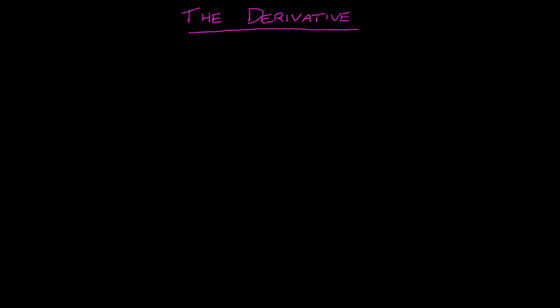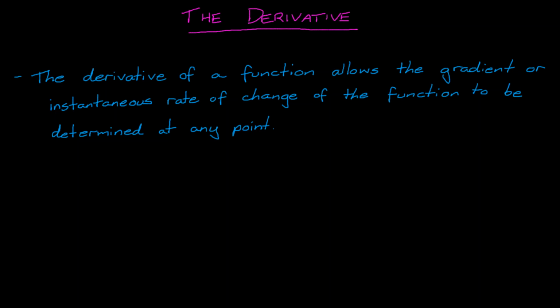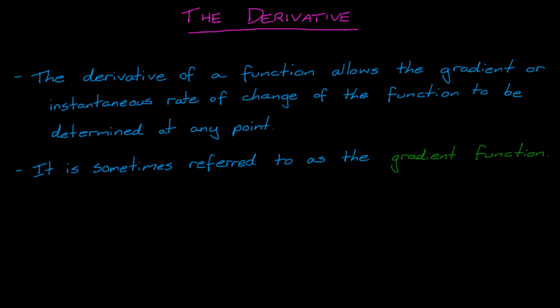Hi guys, so in today's video we're going to start talking about the derivative. The derivative of a function allows the gradient or instantaneous rate of change of that function to be determined at any point. For this reason, it is sometimes referred to as the gradient function.